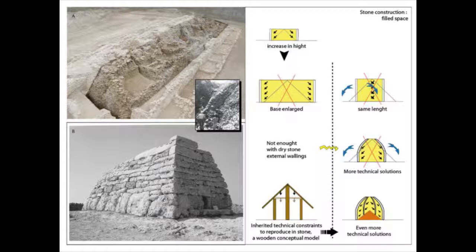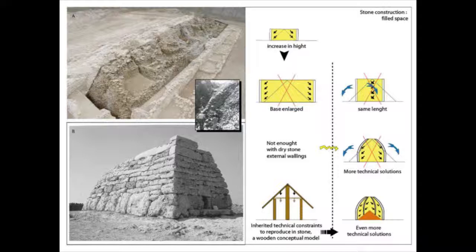One solution could be to have external wallings curving to the top, as you see at Petit Mont, at Arzon, as you see at Puissé, and as you see for a very different type of construction, the Balearic navetas. In this case, you have cyclopean construction, and this is probably enough to maintain the whole construction.